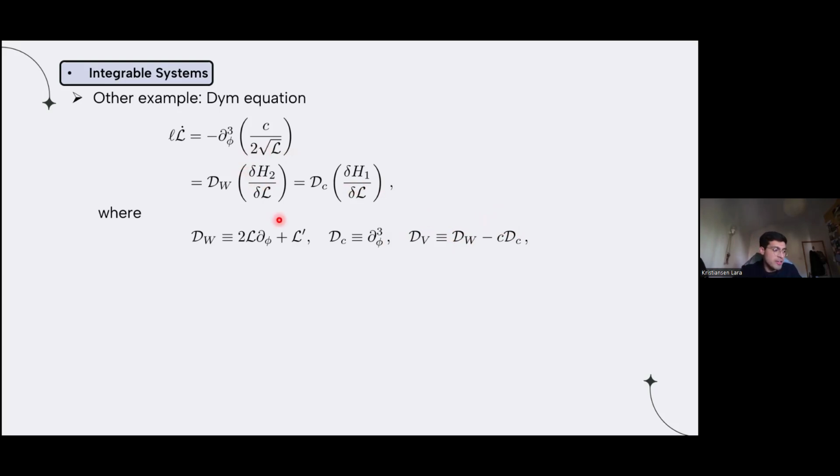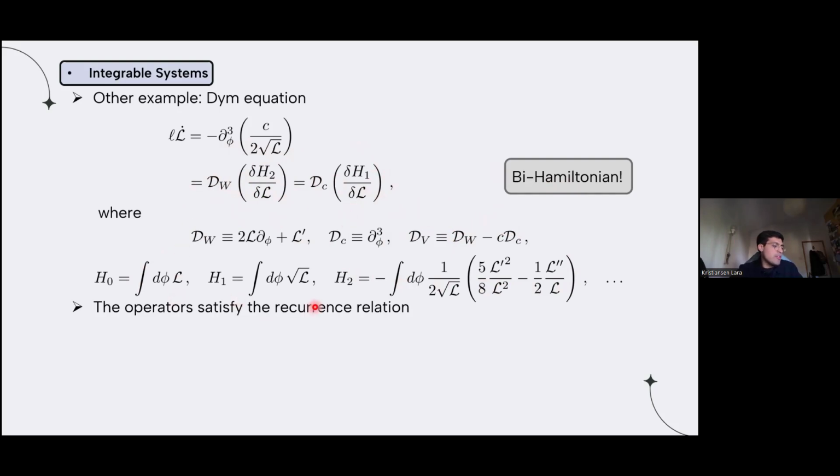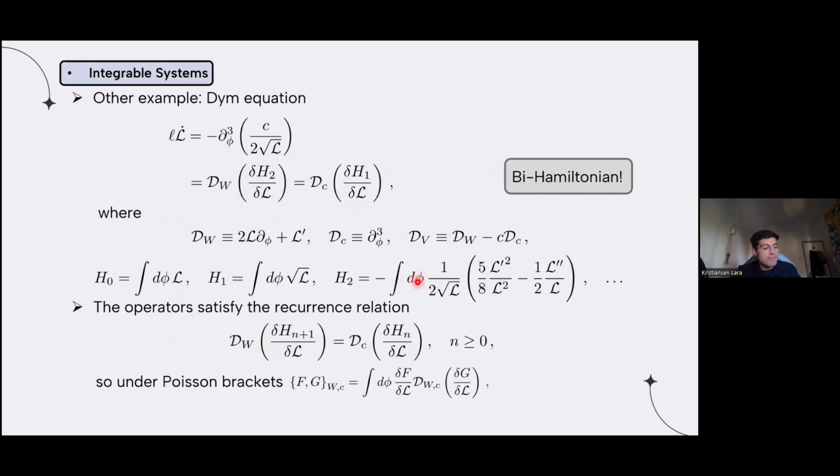I'm going to show you the dim hierarchy. So one can find H0, H1, H2 like this. As I was saying, we have the Hamiltonian rewriting of this nonlinear PDE, and the operators satisfy the following recursive relationship. That's the reason why one can find H0, H1, H2, and so on.